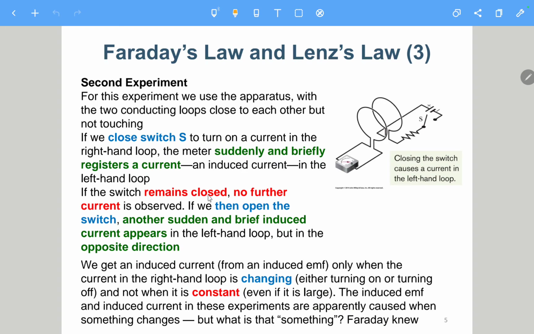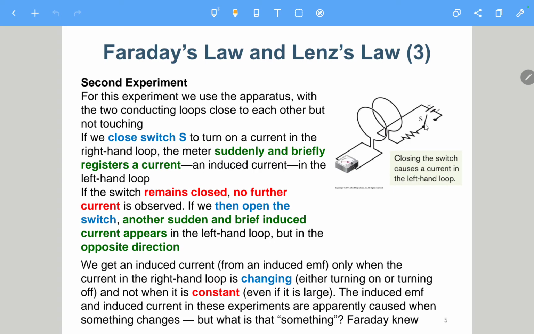If the switch remains closed, no further current is observed. If we then open the switch, another sudden brief induced current appears in the left hand loop, but in the opposite direction. So we switch it on, leave it closed, and then switch it off.